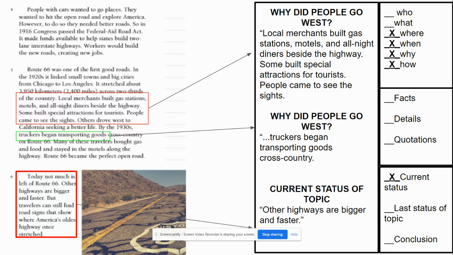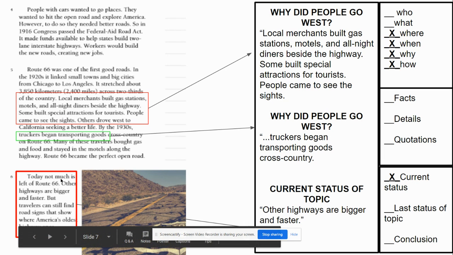I need to do the close quotes on my quick types. So some of the reasons why people wanted to move west or travel was because there were things to see. I also found another reason why people might have moved west. Truckers began transporting goods cross country. That gave people the resources they needed in different places. So it made it possible to live elsewhere.